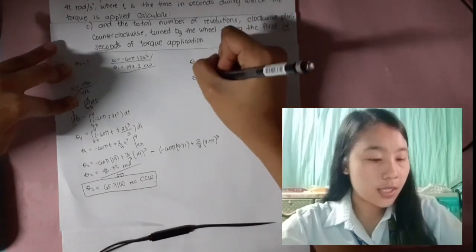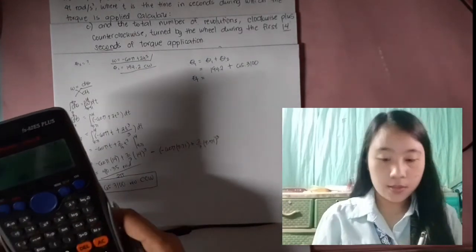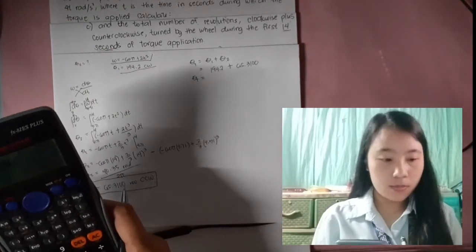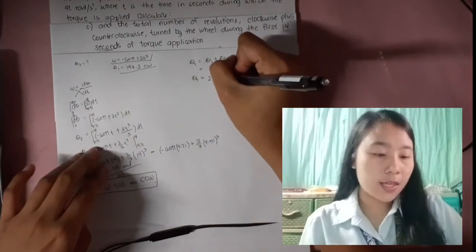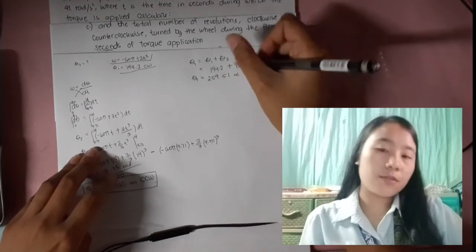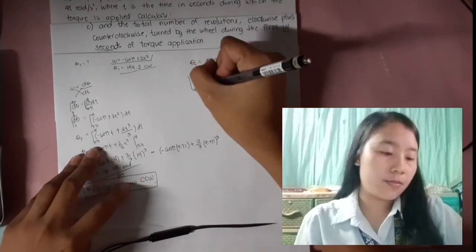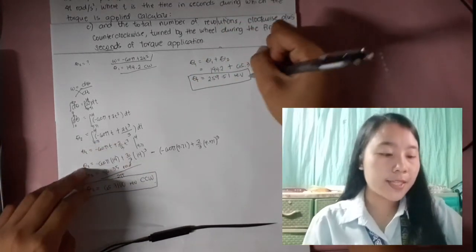So the total number of revolutions is 259.51 revolutions. So this is the final answer.